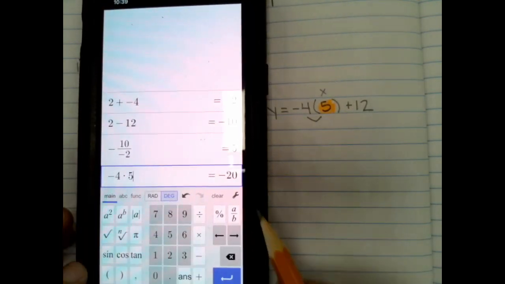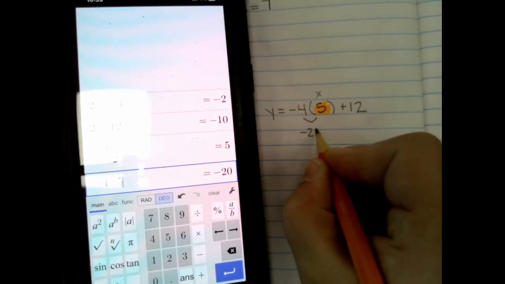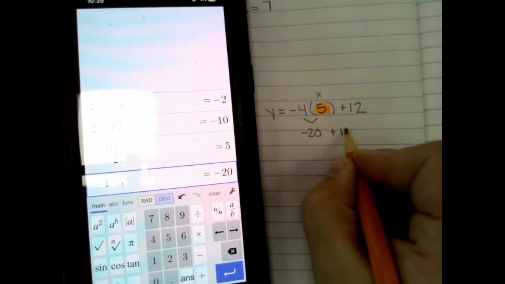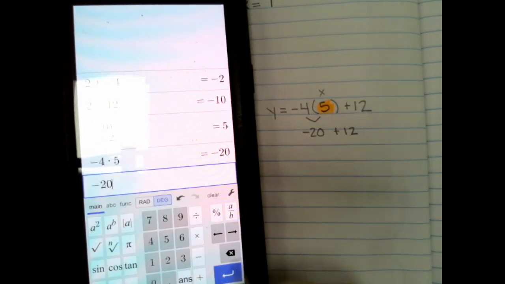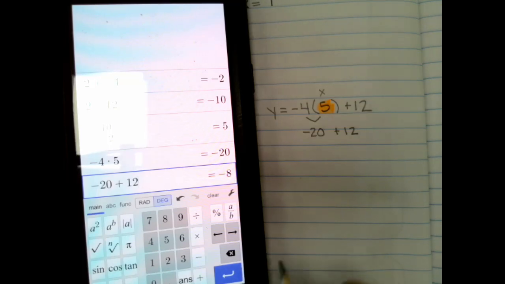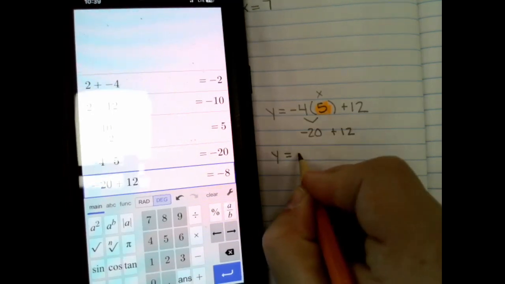We get negative 20. So negative 20 plus 12, we get negative 8. So y equals negative 8.